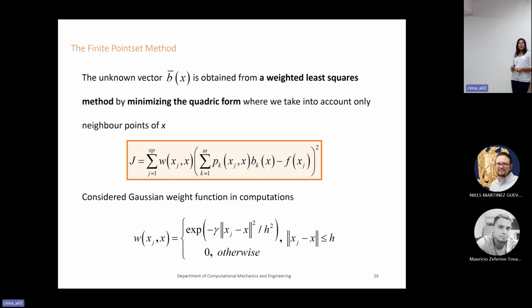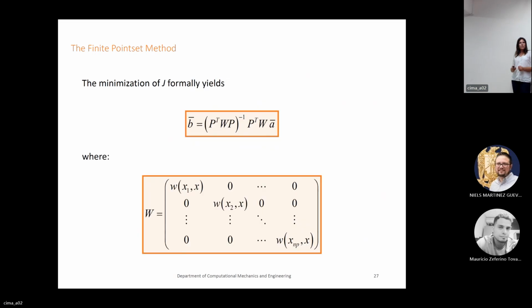When we take into account only neighborhood points of x, we consider a Gaussian weight function, which is here in our quadratic form. And the minimization of J yields vector b. Vector b is recalculated during some iterations.